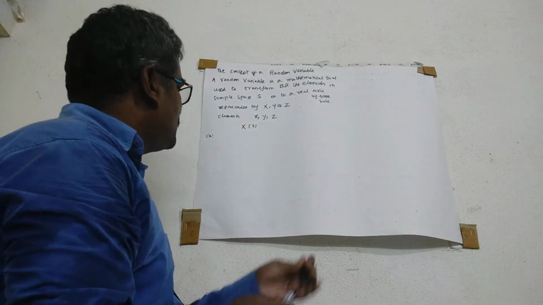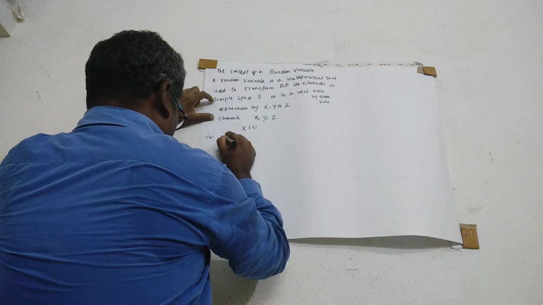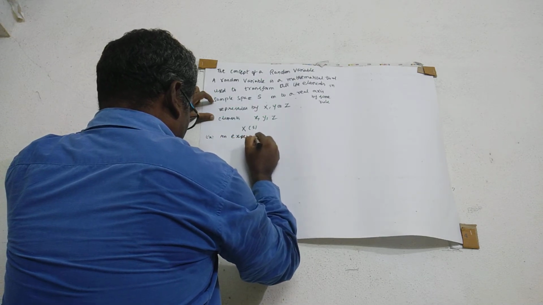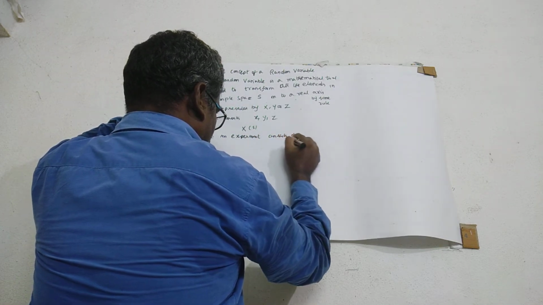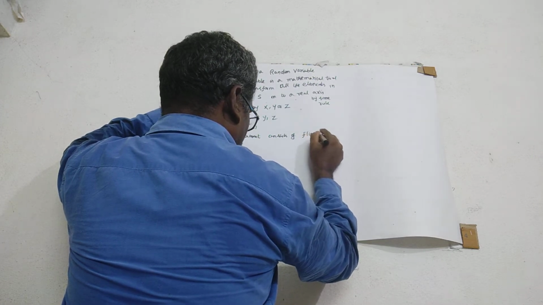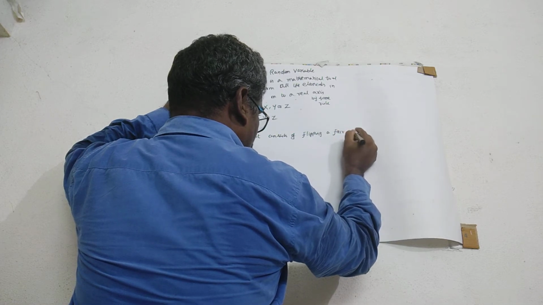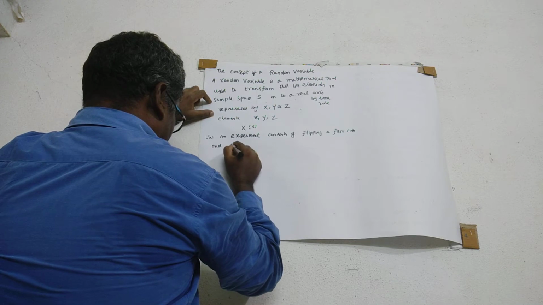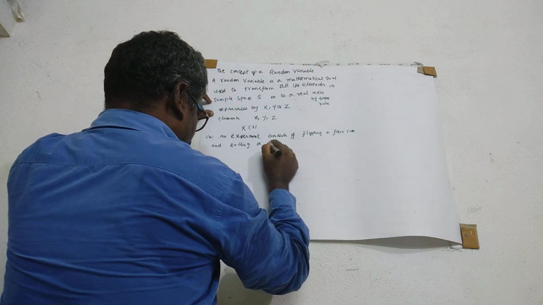Okay, what is the experiment here? The experiment consists of flipping a fair coin and rolling a fair dice.